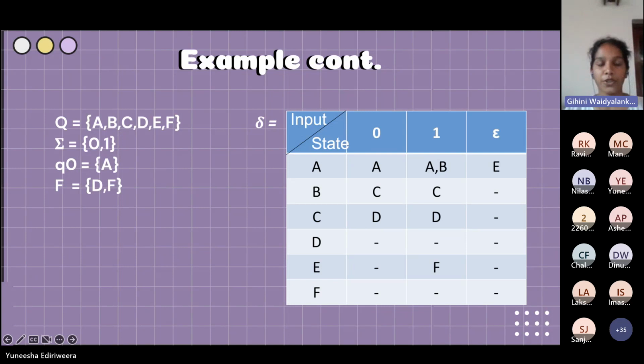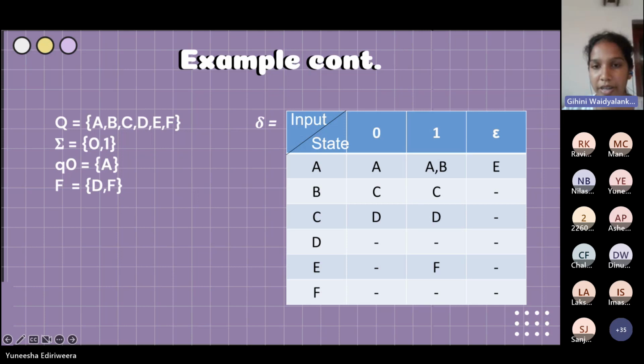I have already gone through these elements, which are states and inputs and so on, so I'm focusing on the transition function. Here I'm taking one instance. In state A, when the input 0 is given, it will stay in the same state.